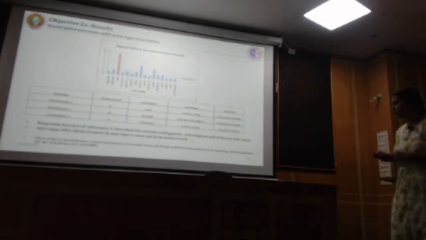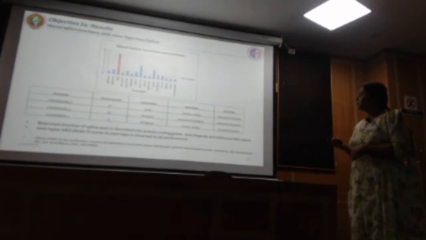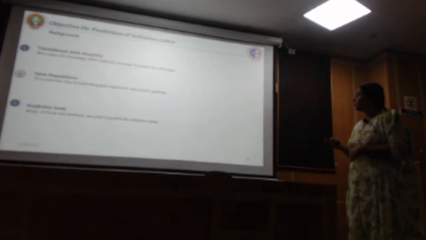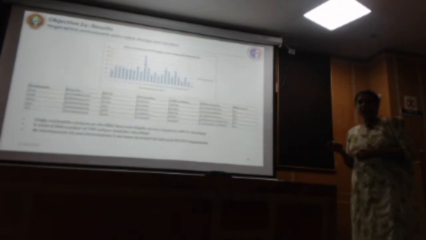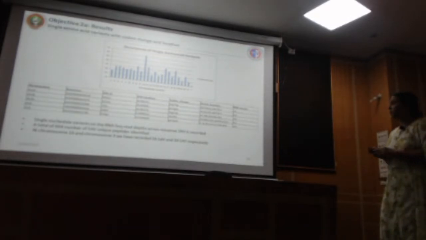It's malic enzyme 3. So these were the two important results, or two important proteomic variations, which we could capture using RNA-seq proteogenomics.